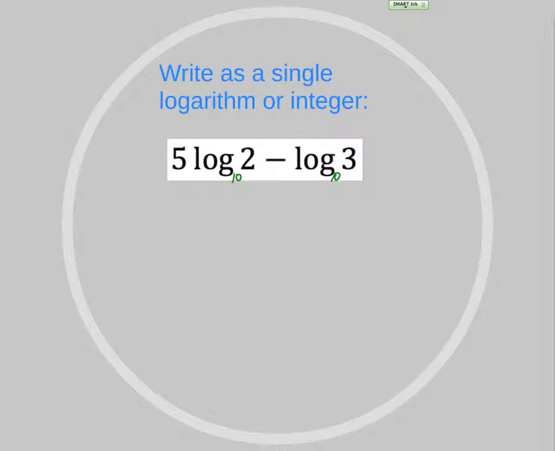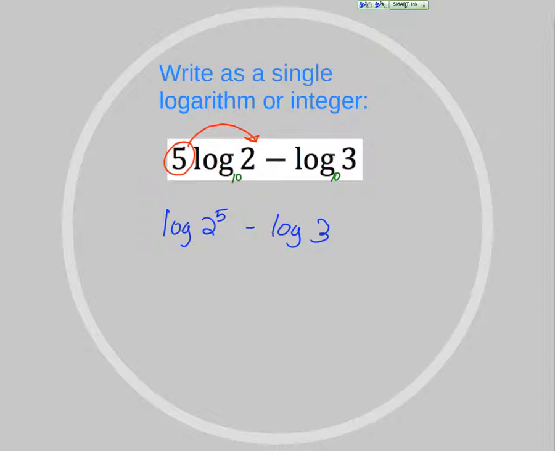I can't start dividing right away because I have this number, so I have to remember that law so that I can write that as an exponent. So we'll have log of 2 to the 5th power minus log of 3.